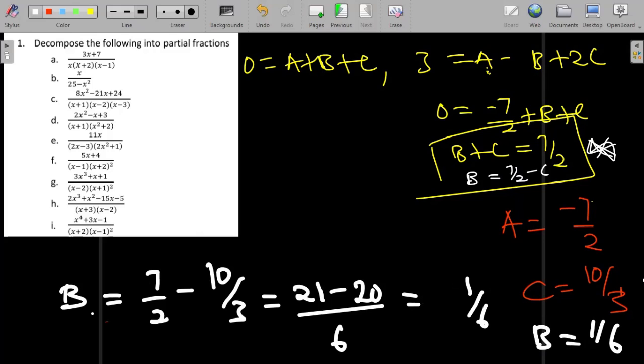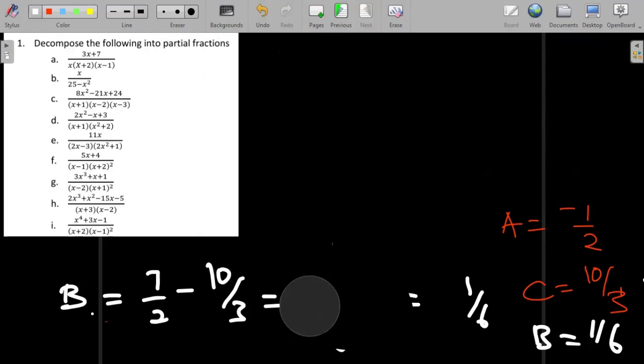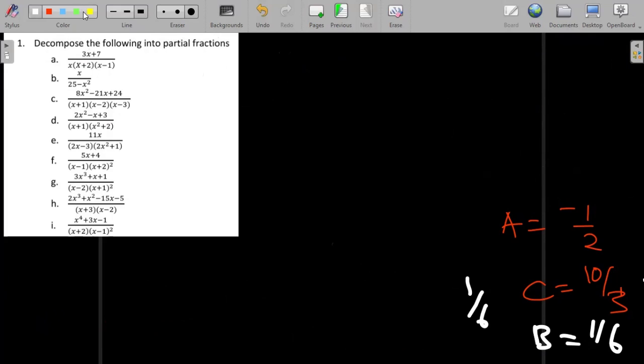All right, so I found my C, I found my B, and I found my A. So I can now write that equation in its decomposed form. So remember, we said this guy here was the same as A over X plus B over X plus 2 plus C over X minus 1.